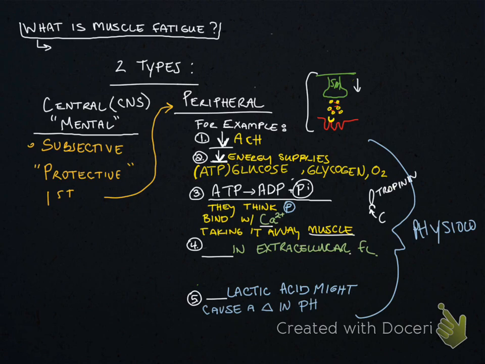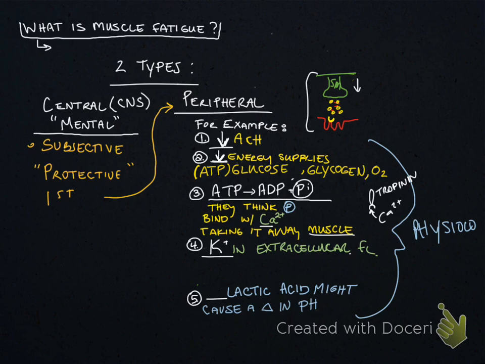That required calcium to bind with it before it moved out of the way and allowed tropomyosin to move out of the way from the myosin binding sites on actin. So they think that could possibly contribute to muscle fatigue. Another one is potassium in the extracellular fluid.